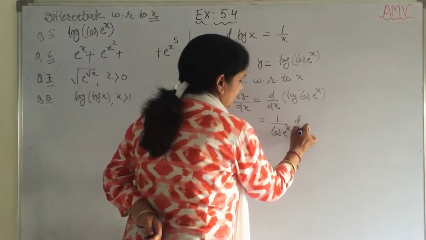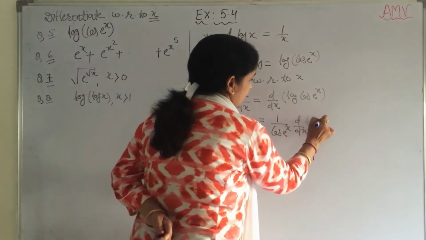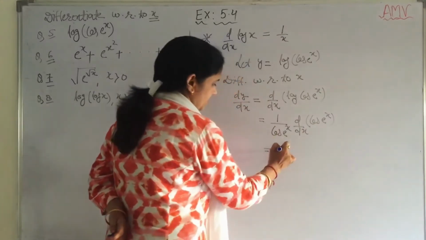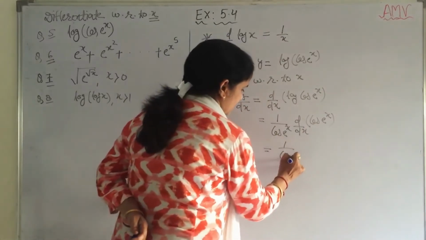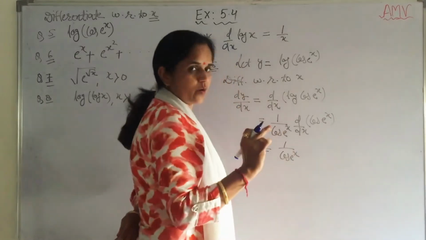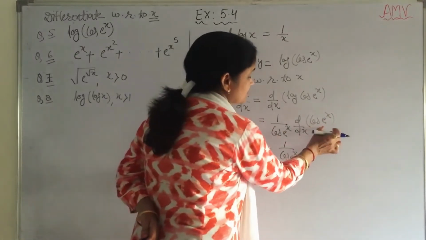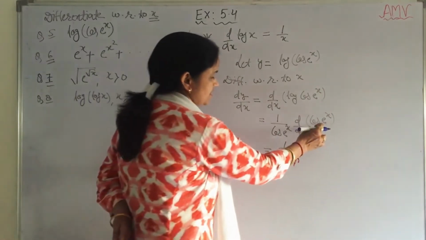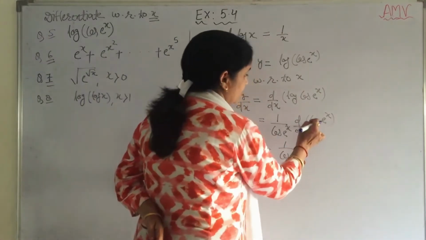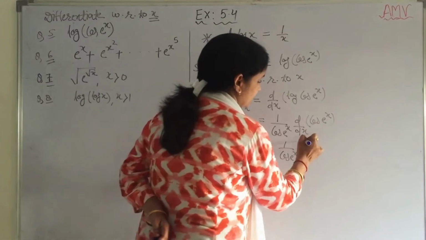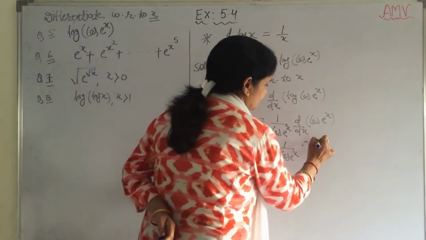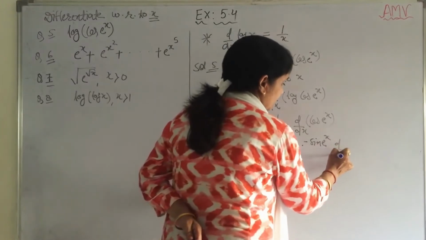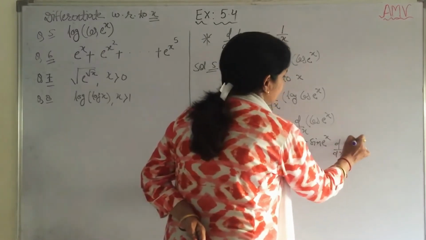And now d by dx of cos e raised to x. Now the derivative of cos x, here in place of x it is e raised to x. So the derivative of cos x is minus sin x. So it is minus sin e raised to x. And again d by dx of e raised to x.